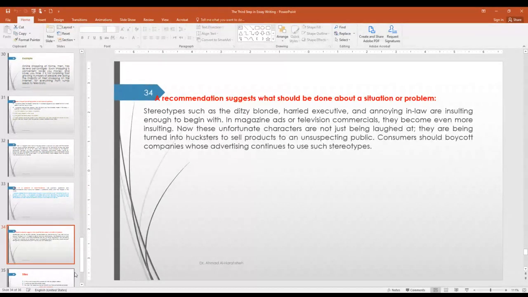Now, these unfortunate characters are not just being laughed at, they are being turned into hucksters to sell products to an unsuspecting public. Consumers should boycott companies whose advertising continues to use such stereotypes, right?